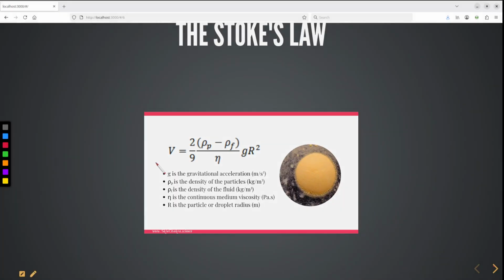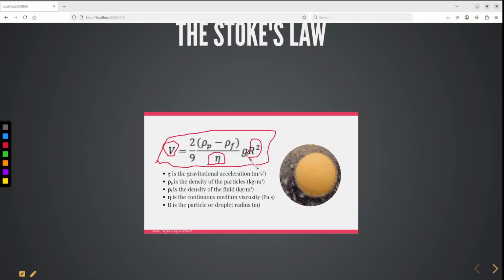And this equation, which is called the Stokes equation, is a mathematical equation that predicts the velocity or the speed that these particles move around and collide together. This is the speed. And it depends on the viscosity of the liquid or product and the particle size.